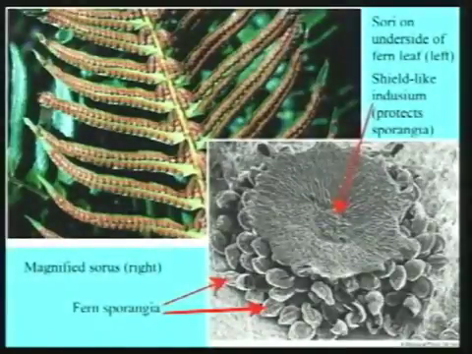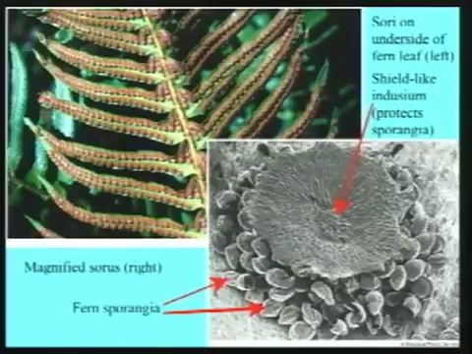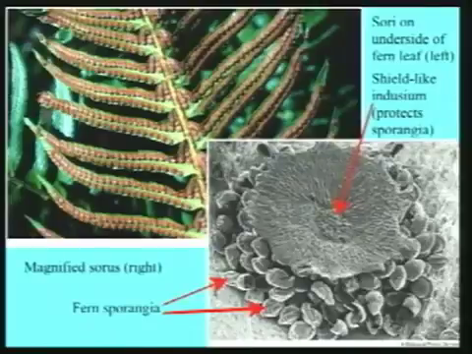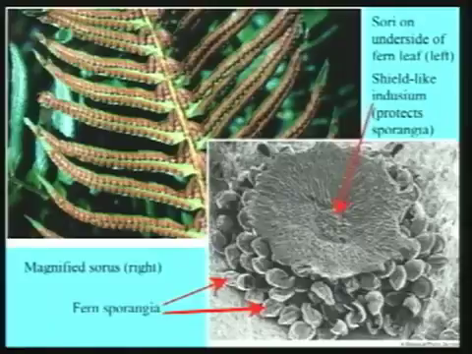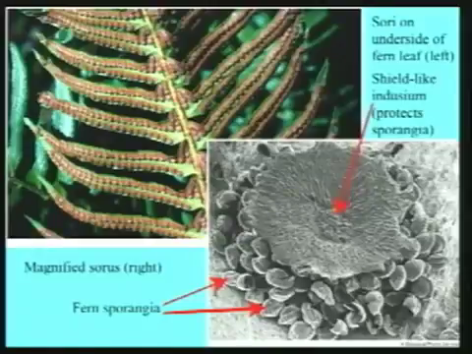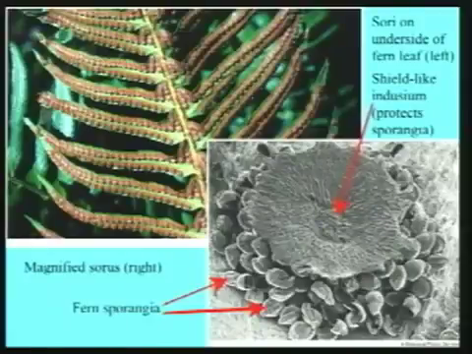And here you can see the underside of a fern leaf. This is a sword fern, which you find out in redwood forest understories typically. And here you can see individual sori, these circular little brown structures. Here's one of those enlarged. And you can see each one of them is associated with large numbers of sporangia. So this, for example, is a sporangium, not a spore.